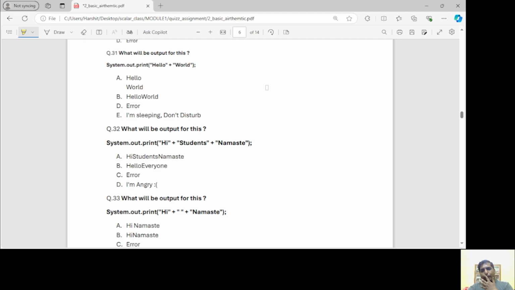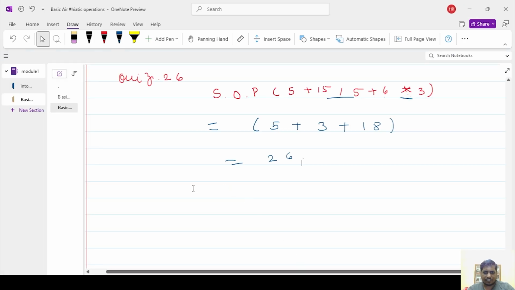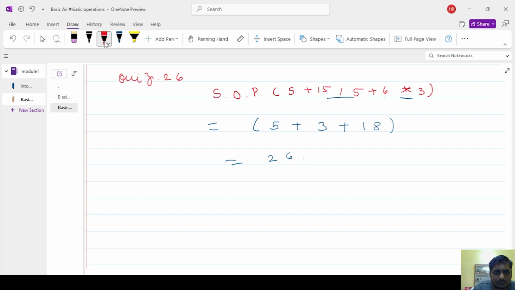Now we'll come to another topic called concatenation. Okay, the last topic, maybe the second last topic. We'll come to concatenation.